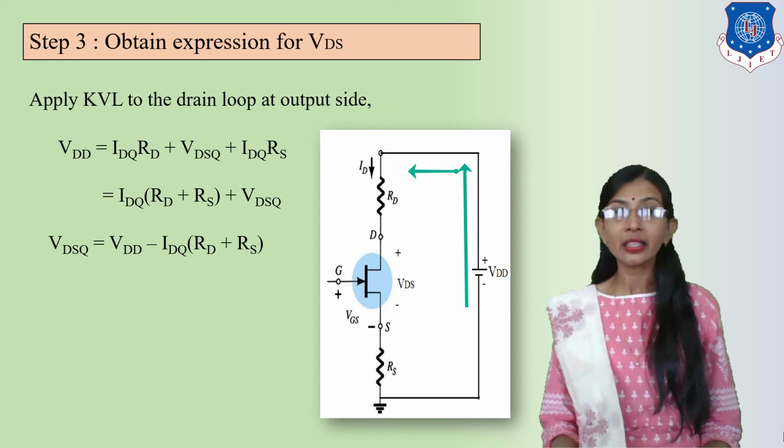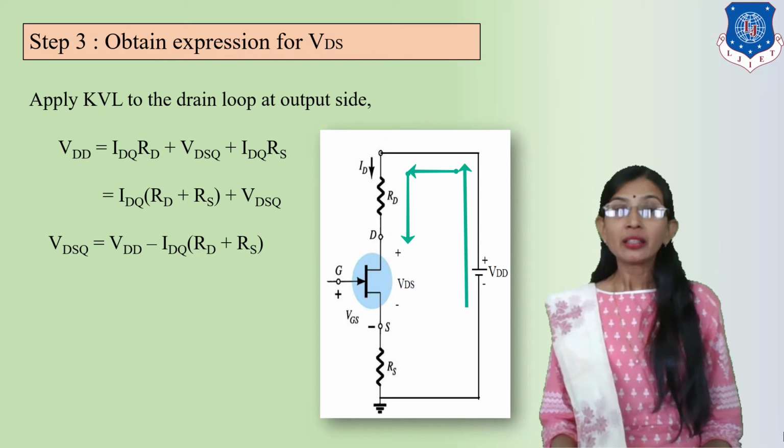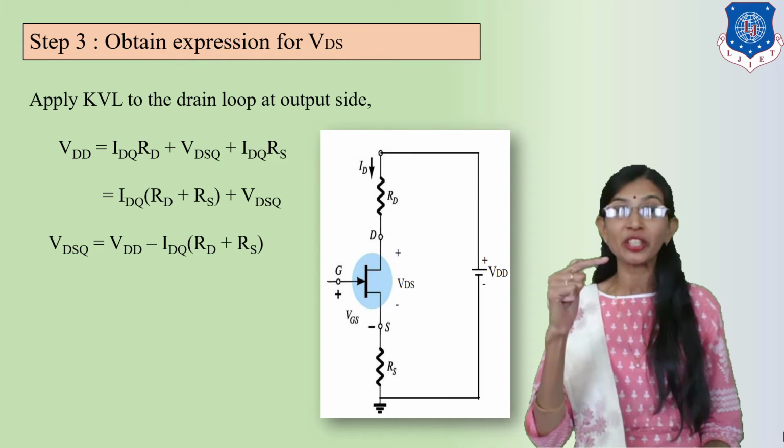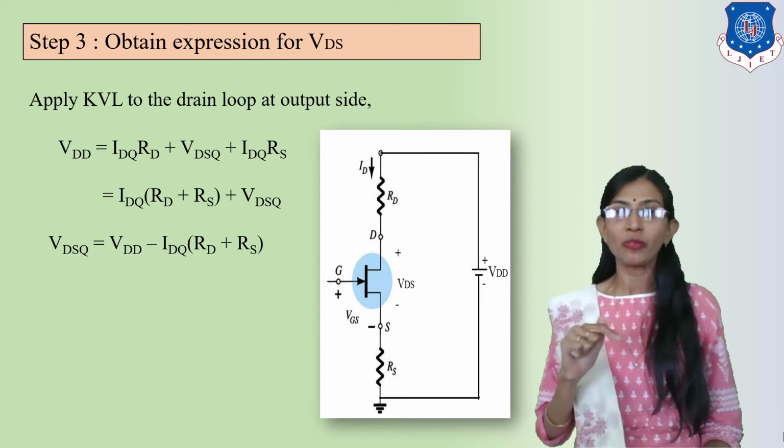If you are writing the KVL in anti-clockwise direction in the output loop, then if you are walking with the current direction, that voltage drop will be minus. So the actual equation will be plus VDD, because battery from minus terminal to plus terminal, so plus VDD. So we will walk in the direction of anti-clockwise.